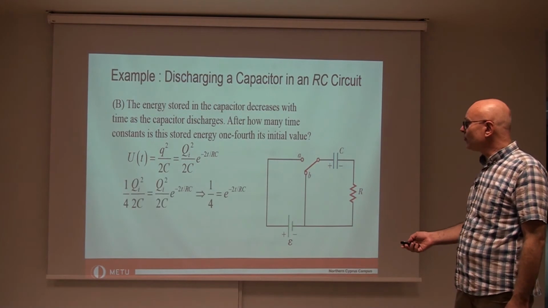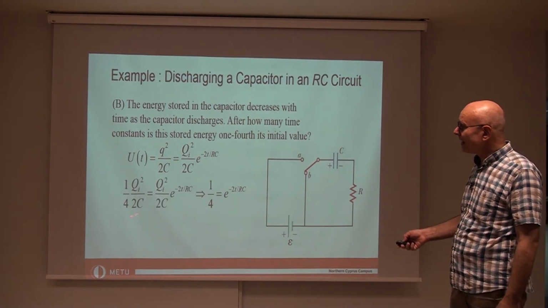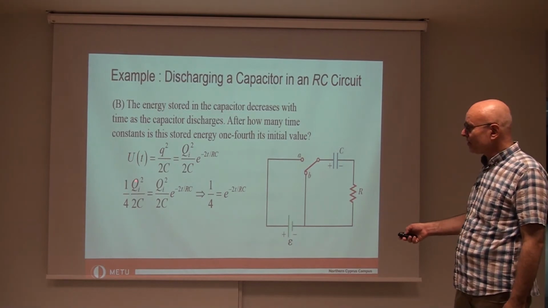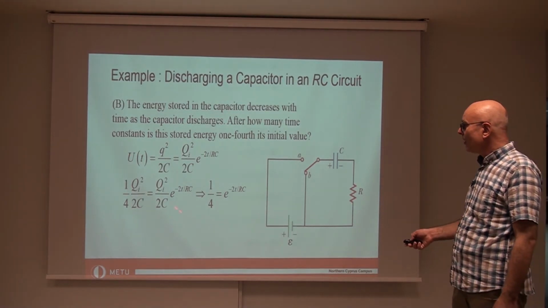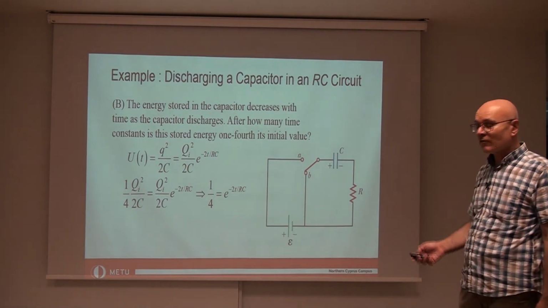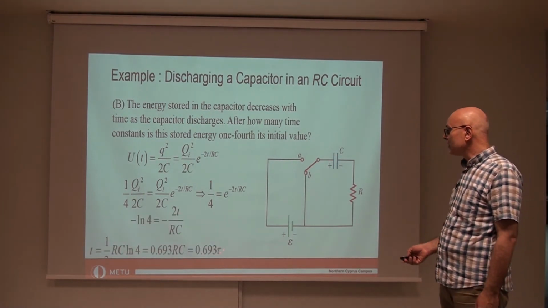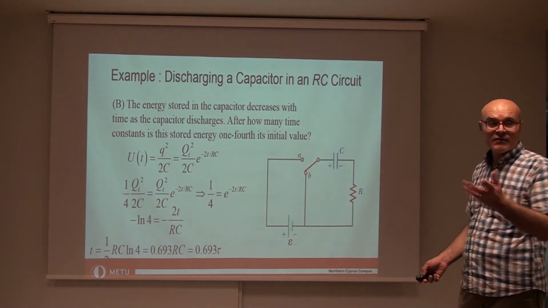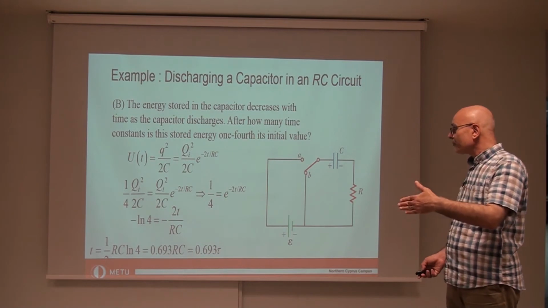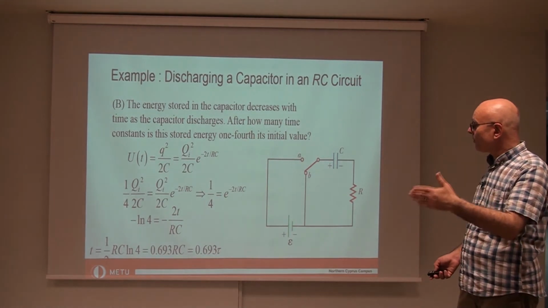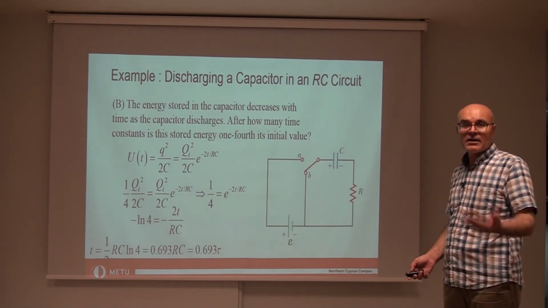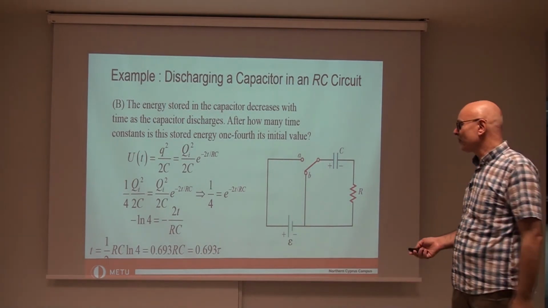You want this to be equal to 1/4 the initial energy. The initial energy is this, because the initial charge is this. After cancellation, you have this expression which you solve for t, and you get about 0.7 tau. So the energy reduces to 1/4 of its value after 0.7 RCs, 0.7 time constants. So very soon, actually. Okay.